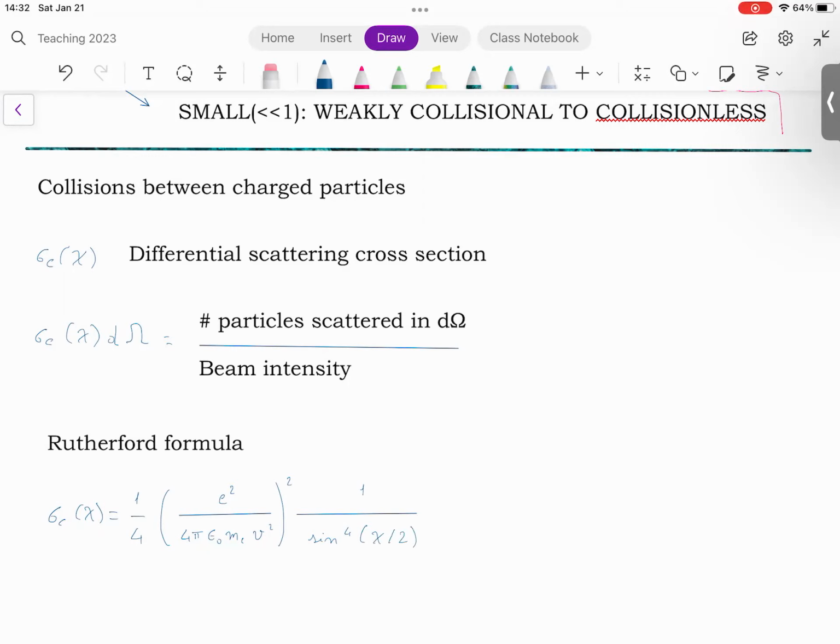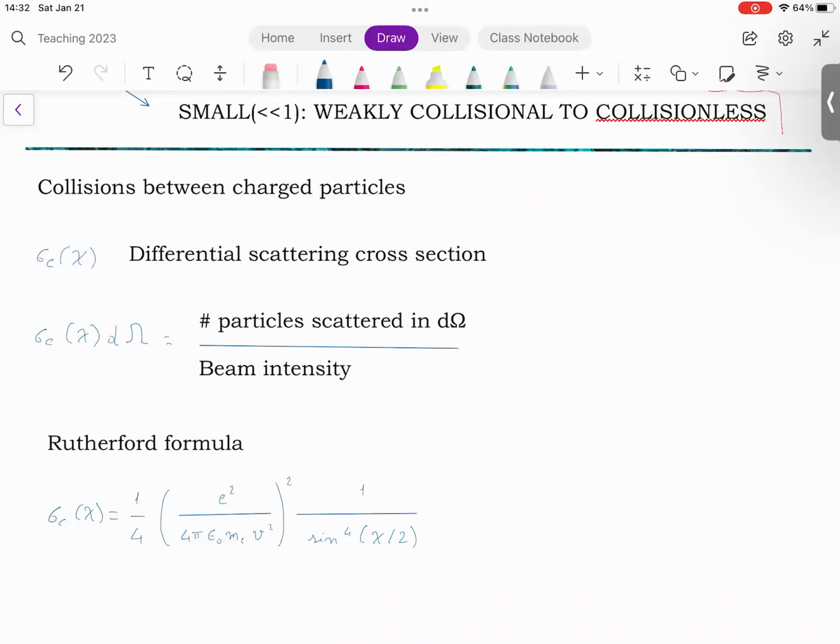Okay, here I'm thinking of collisions between electrons and electrons, and that's the expression in the literature that tells me what the cross-section for that collision is.